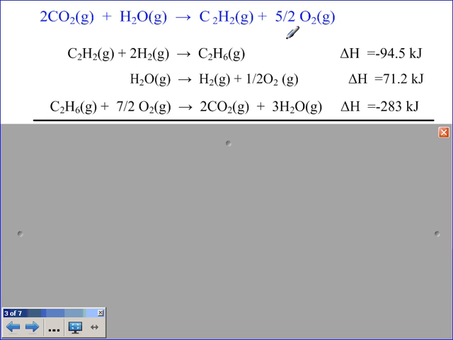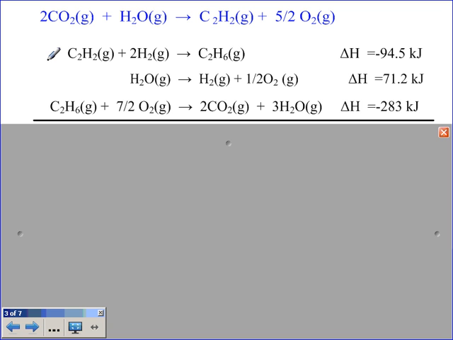You're going to see things like this in Hess law problems, but don't worry about it. It's just another coefficient, and we can see that it all works out for the balancing. Makes it a little bit easier because we don't have to have a lot of coefficients in front of other things. So I need to find the enthalpy of my target reaction.